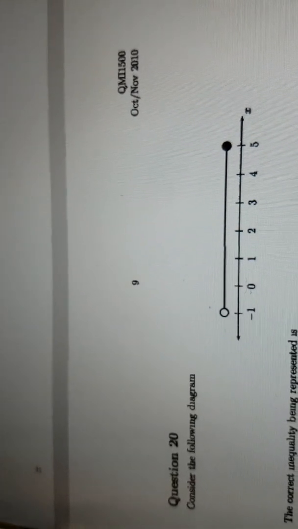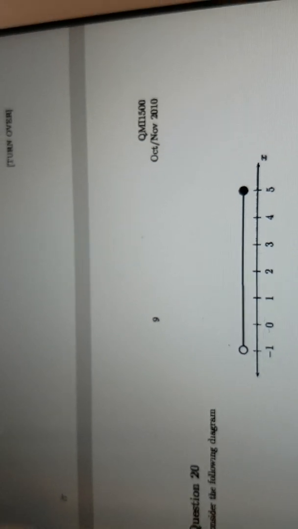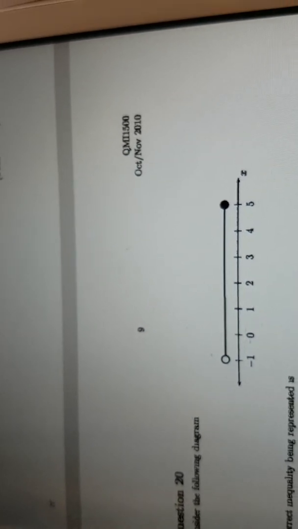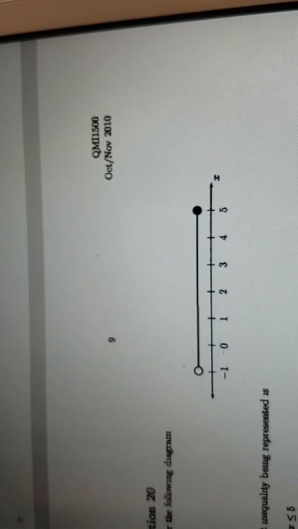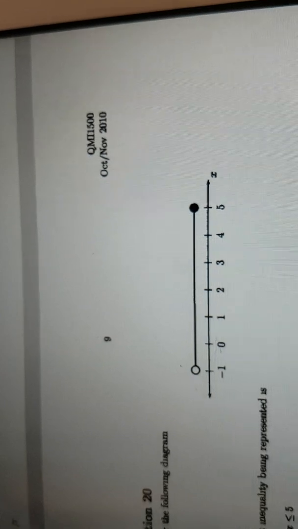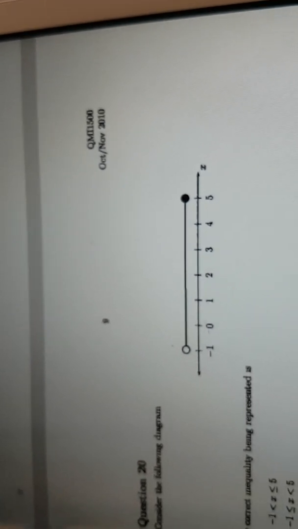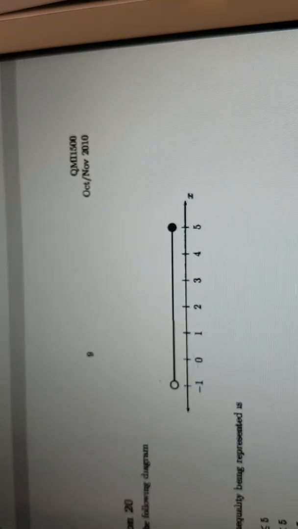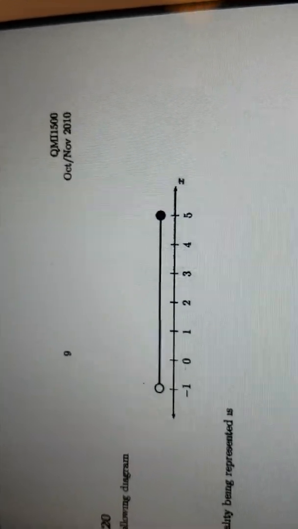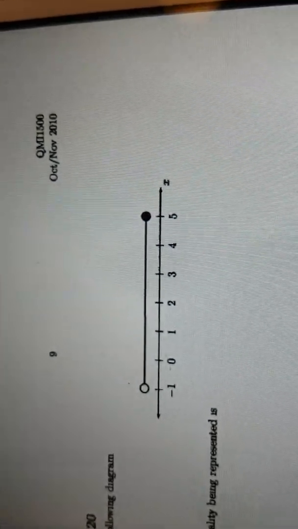This is how we count the numbers. So it means all the numbers on the left side are less than the numbers on the right side. As you can see, -1 is less than 0, 0 is less than 1, 1 is less than 2, going to the right. So the left side numbers are less than the right side numbers.